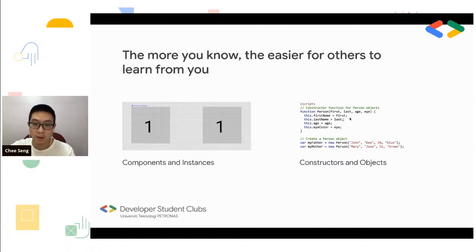Inside this constructor, which is also an object, there is a first name, last name, age, and color. And then you have instances, or objects. So an instance is kind of like the same thing that happens here in Figma. Every new instance, that's John, Doe, 50, Blue, anything you want to name.